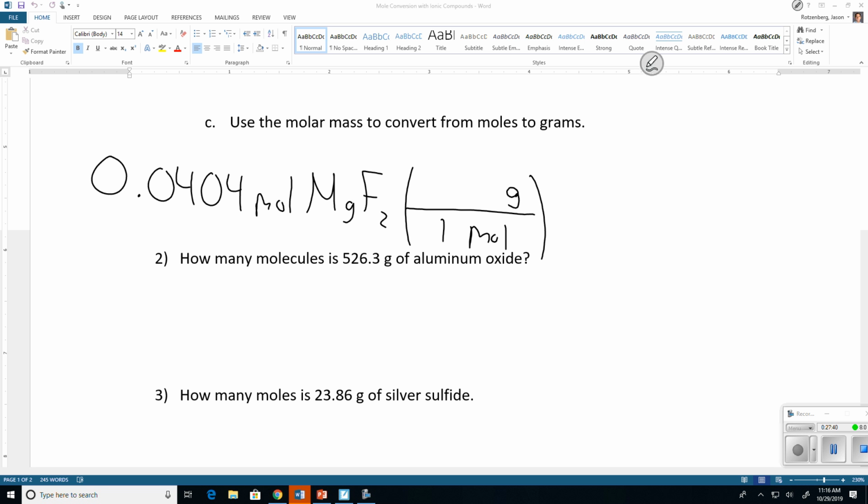That gram value is what you just figured out from the periodic table, 62.31. Multiplying that, keeping 3 sig digs, I get 2.52 grams of my magnesium fluoride.